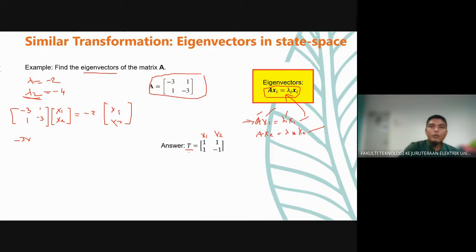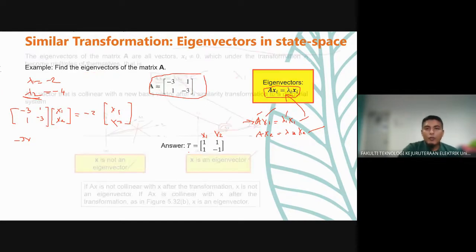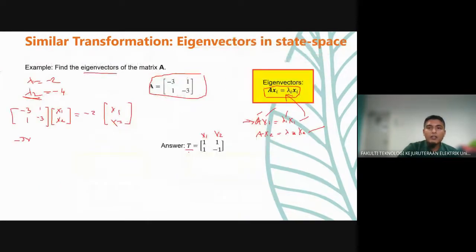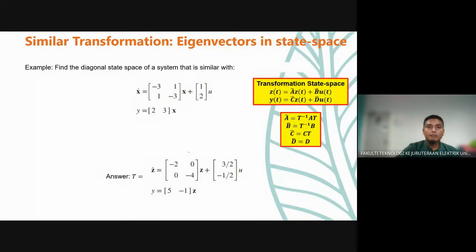Okay, so when you know your eigenvalues and you have your eigenvectors, then you can find the similarity transformation of the state space.